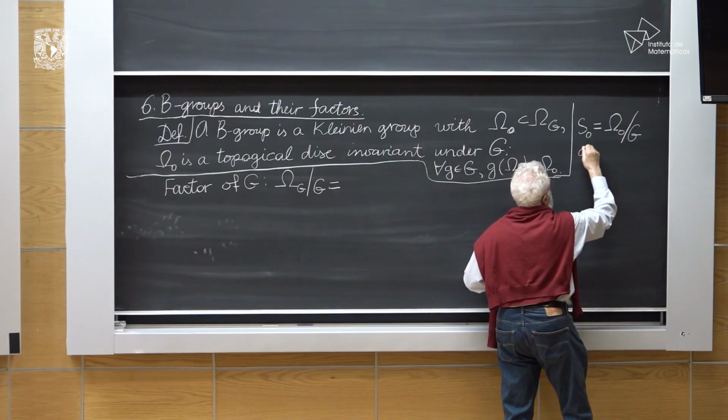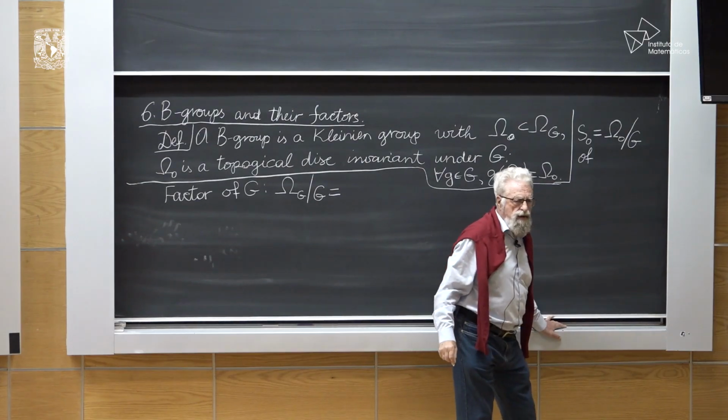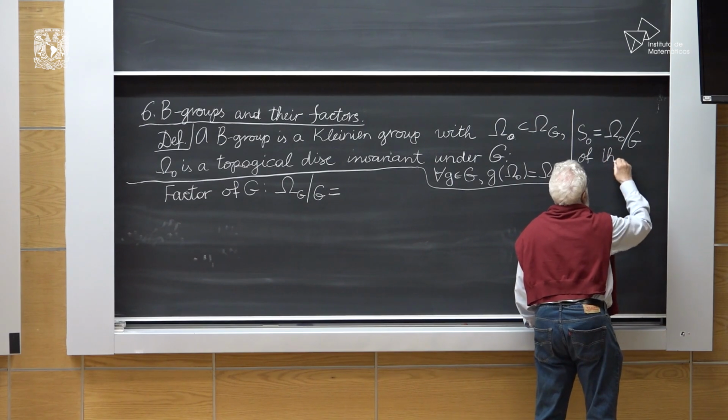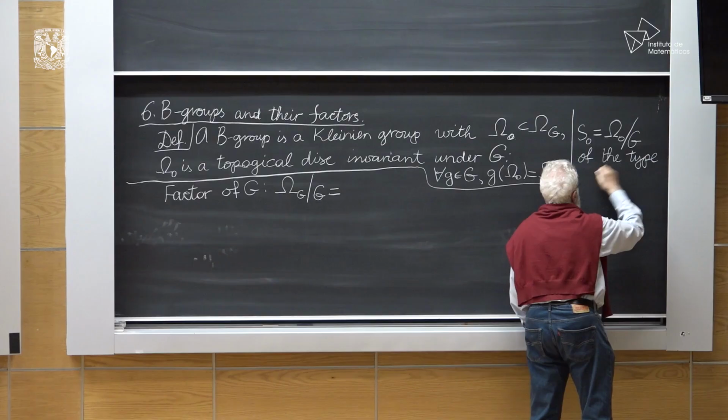And it is, by the Ahlfors theorem, a Riemann surface of finite type, say genus g and n punctures.